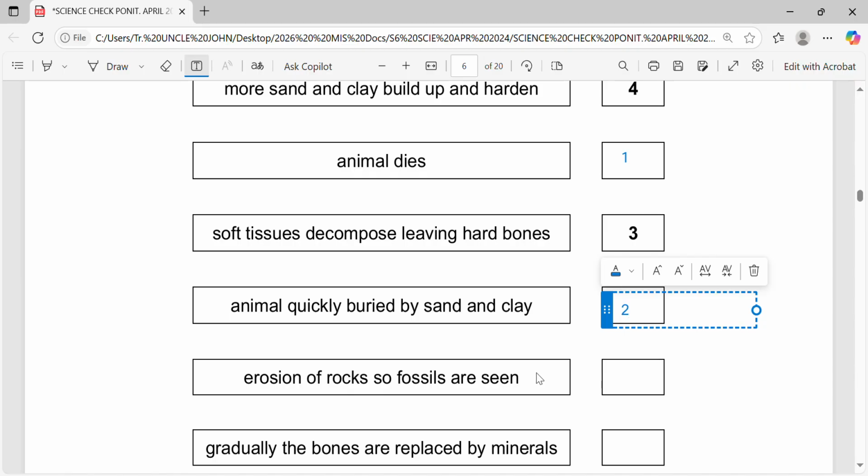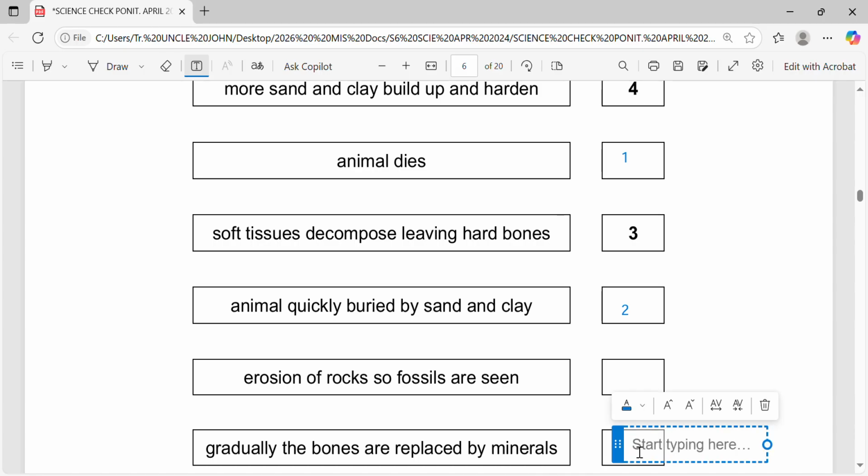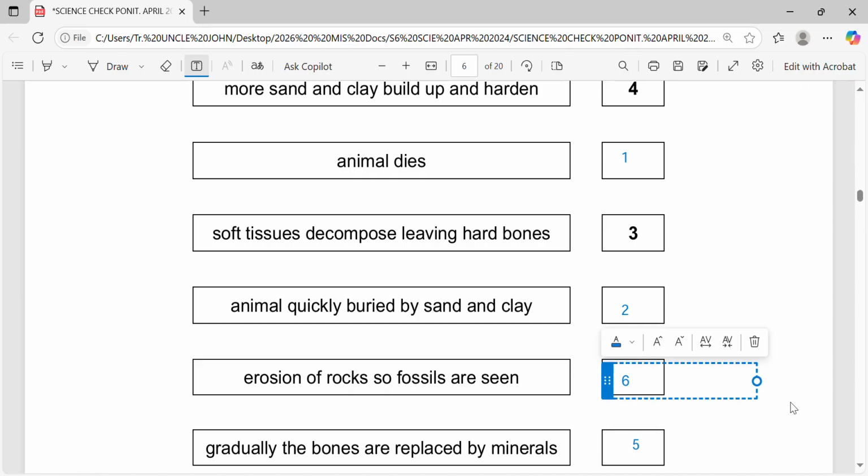Number 3 is there. Number 4 is there. Then number 5 is gradually the bones are replaced by minerals. Then number 6 is erosion of rocks, so fossils are seen.